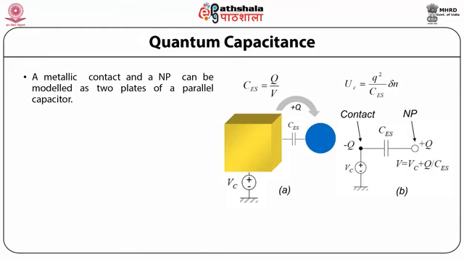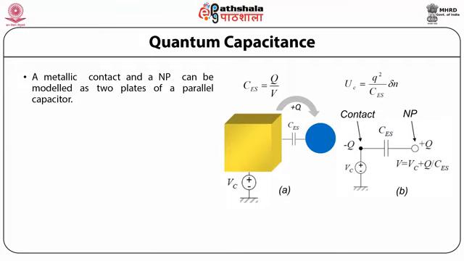In this scenario, the contact and the nanoparticle can be considered as an electrostatic capacitor, represented by CES, which is different from the quantum capacitance discussed before.